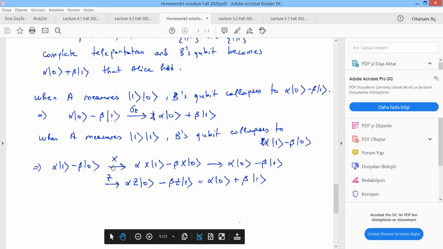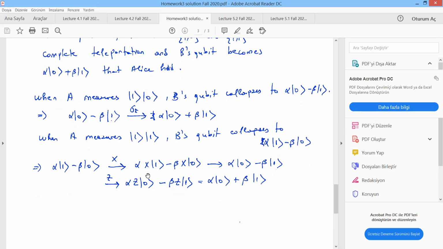So in this case, I first apply the X operator, which flips the bits, right? Now, if I apply this, because of linearity, this is alpha X ket 1 minus beta X ket 0. So X flips 1 to 0 and 0 to 1, with the flip operator. So this becomes alpha ket 0 minus beta ket 1.